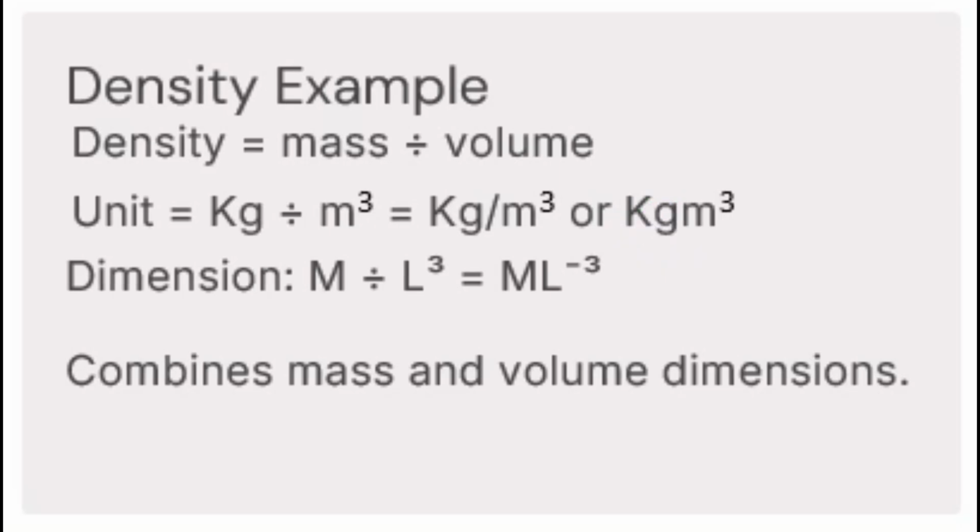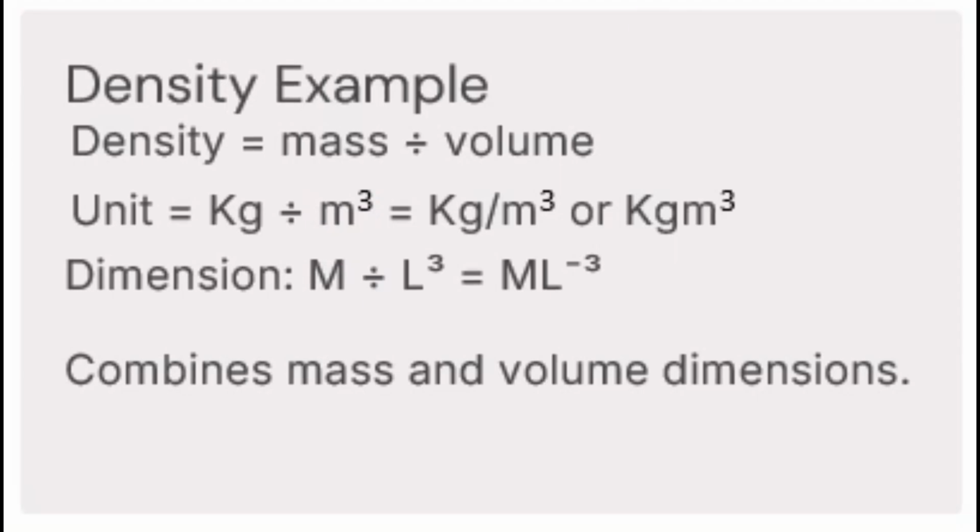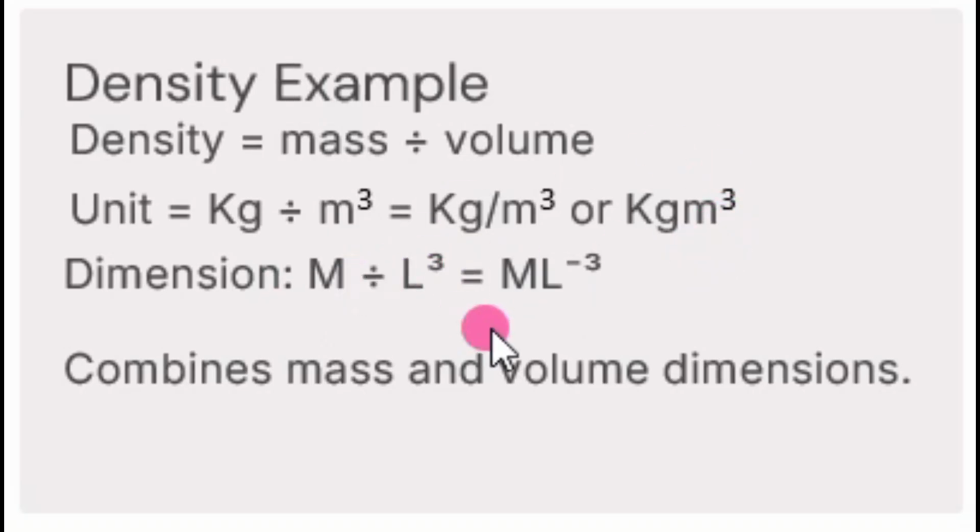I told you, when you see your kg, just know you're dealing with m, that's mass. So when you see your kg, you change it to m, and when you see your m, you change it to L. You finalize, and you get this. So we're getting the dimensions of our various physical quantities, and we're doing that very, very easily.